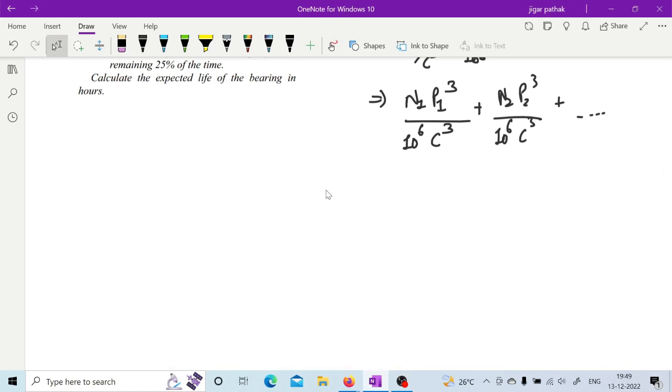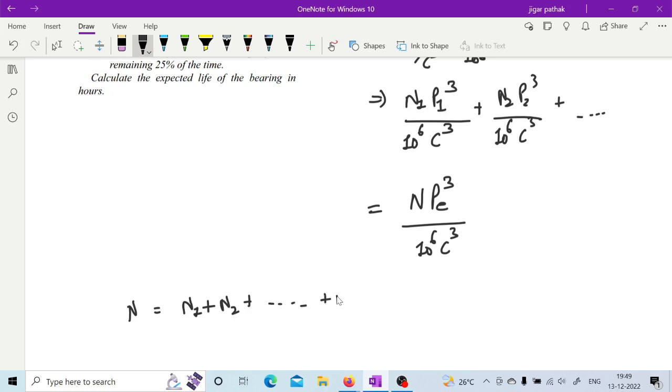So we can assume an equivalent load for the complete duration, and an equivalent RPM n for the complete duration, where this n is nothing but the sum of all the RPMs for different amounts of time.